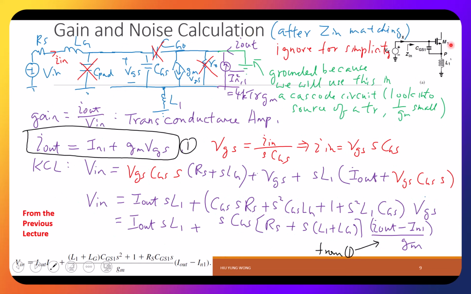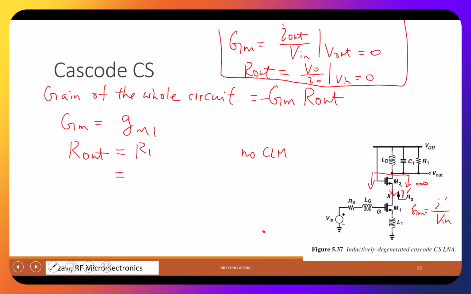We ground this part, so we're talking about this I out divided by V in, which is the GM, the gain. So here we should actually use I dash divided by V in. So I said something wrong. What I was saying was without the inductor, just at DC. This GM is not equal to the GM of this transistor.